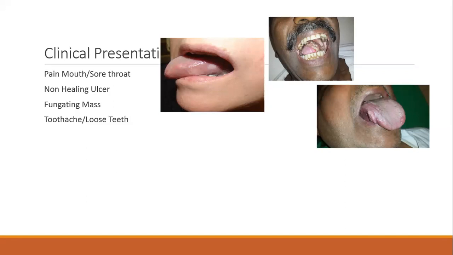But sometimes dentists miss it, and these patients disappear, and then they come with a big tumor arising from their gums or alveolus. I'm not saying that everybody who has toothache or loose teeth has a malignant tumor, but a strong suspicion should be raised in your mind, and you should examine their gums and mouth very carefully.